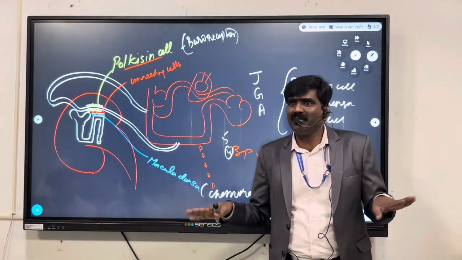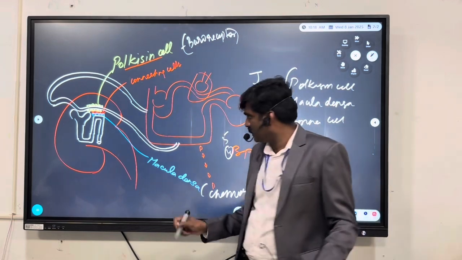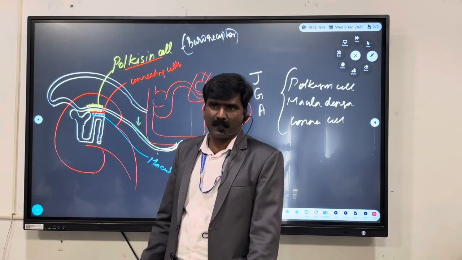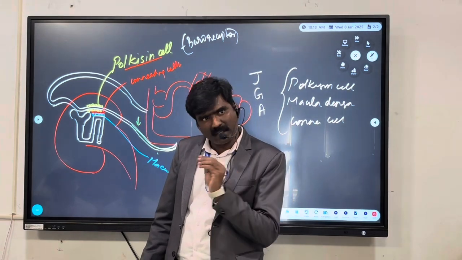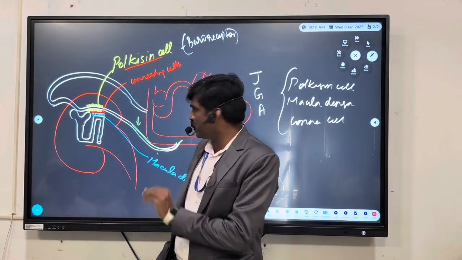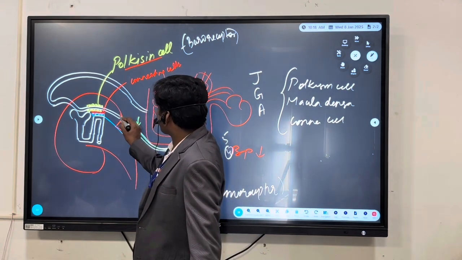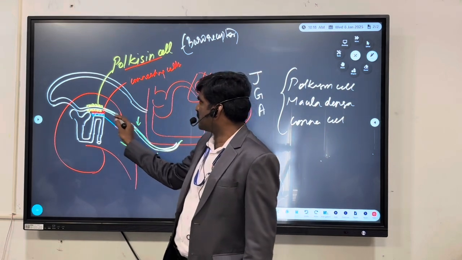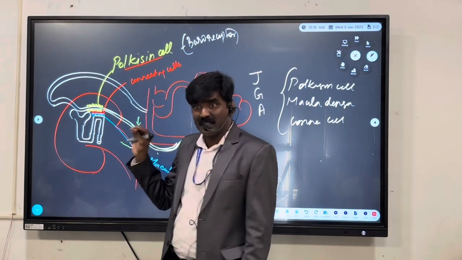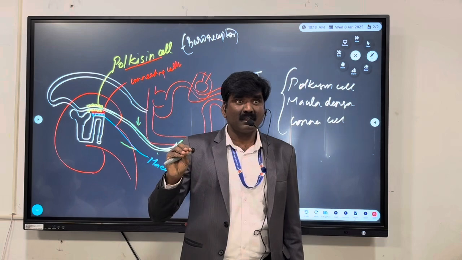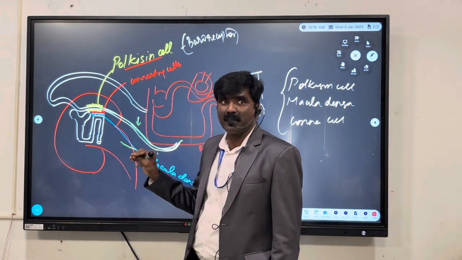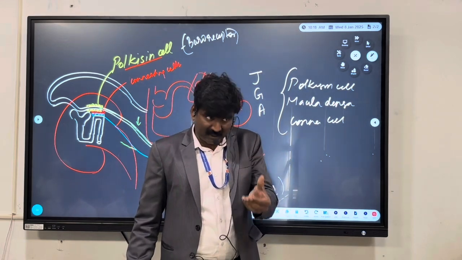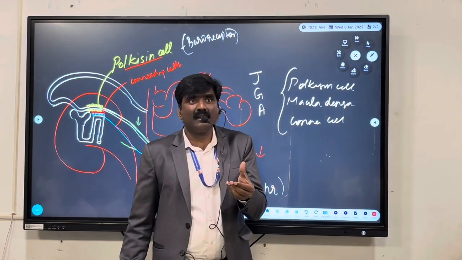Kidneys will also receive less blood, right? Perfusion to the kidney will also reduce. Blood flow to the kidney will also reduce. So when the blood is reaching the Pulkison cell with less pressure, the Pulkison cell will now stretch less, right?